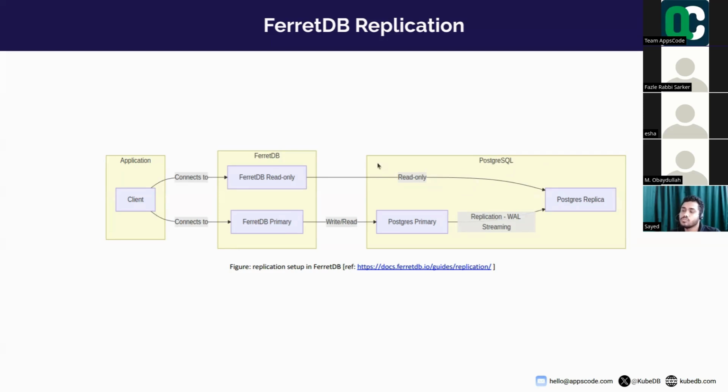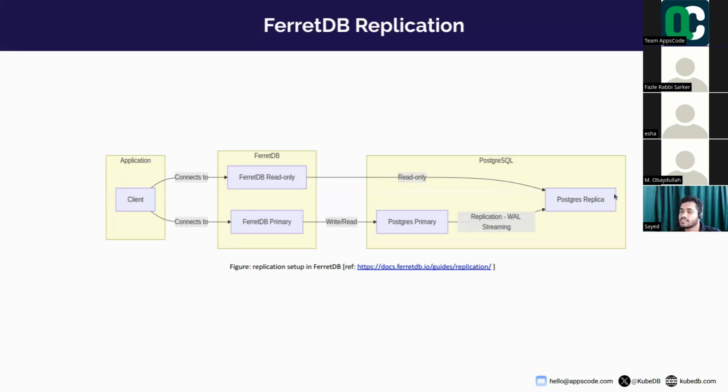If we want to use this Postgres replica with our FerretDB backend, the architecture is more or less like this. We have a FerretDB read-only, or we can say FerretDB secondary server, that is connected with the Postgres replica or Postgres secondary server. So if a client is connected to the FerretDB read-only, then it is connected to the Postgres replica.